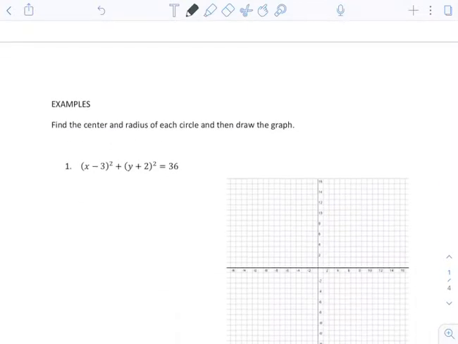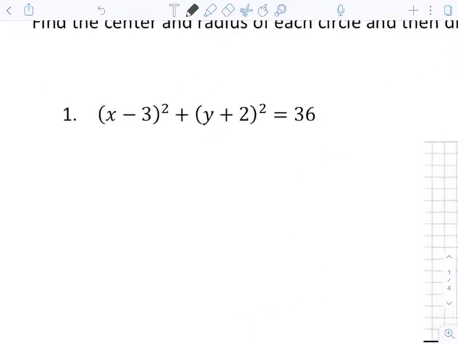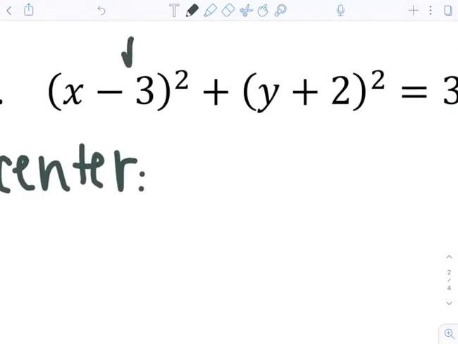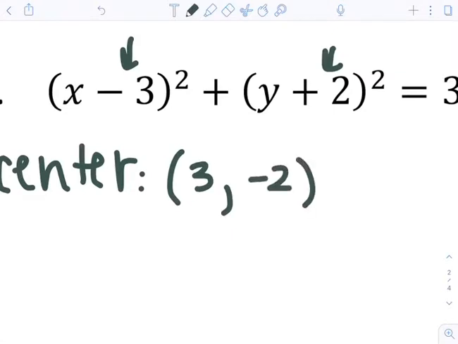Okay, now let's talk about how to graph this. So it says find the center and the radius, so I want you to label both, and then draw your graph. So in number 1, let's find our center first. So my center, it's always going to be the opposite. Okay, so instead of -3, it's going to be 3, -2.